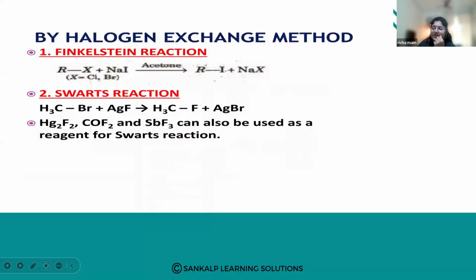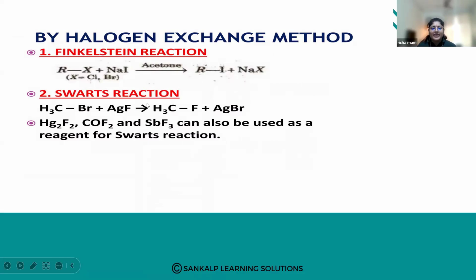Then we have seen the halogen exchange methods, two important methods, that is Finkelstein's reaction and Swarts reaction. What is Finkelstein's reaction and what is Swarts reaction? In the Finkelstein reaction, we prepare iodoalkanes when alkyl chlorides or bromides react with sodium iodide in the presence of acetone. We get alkyl iodides.